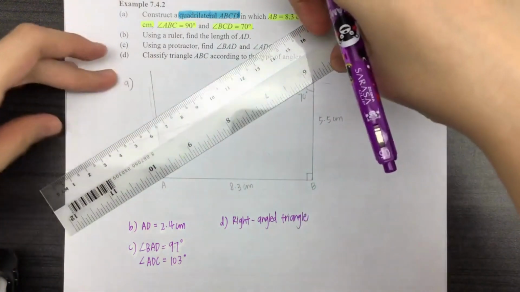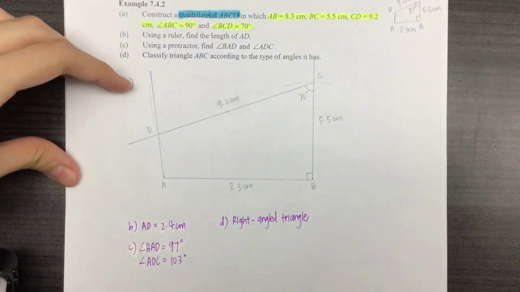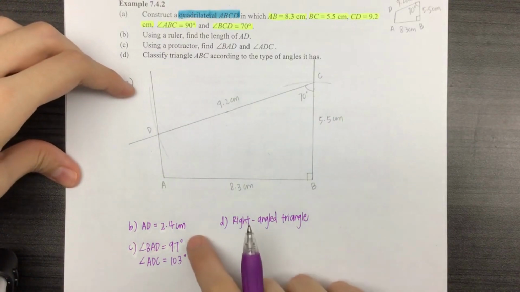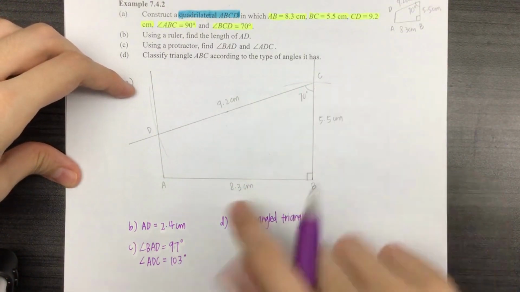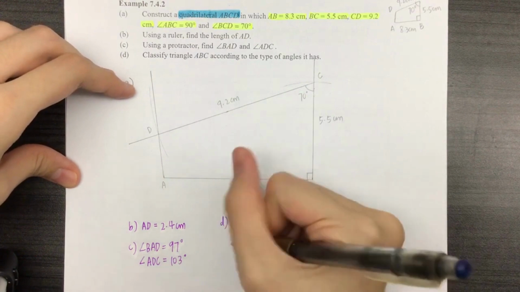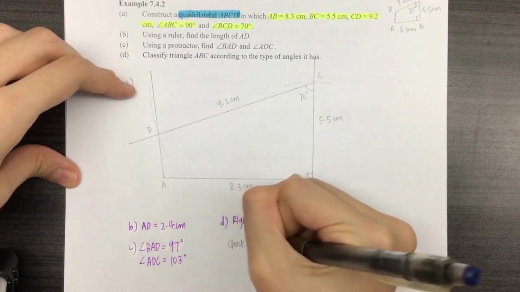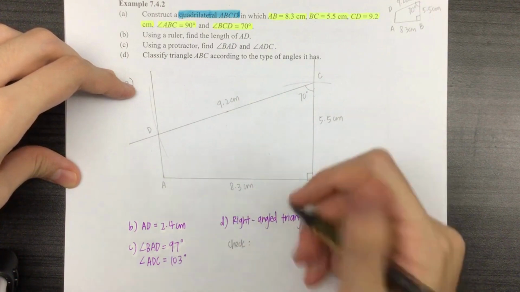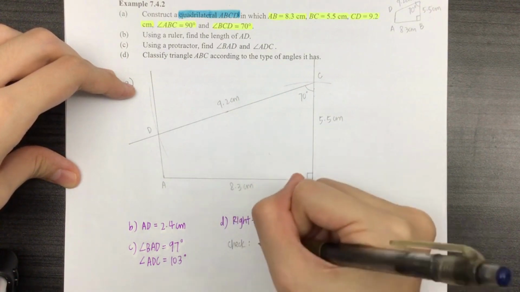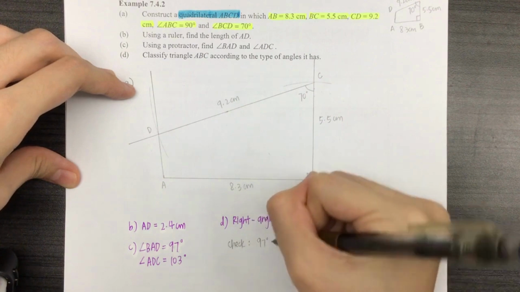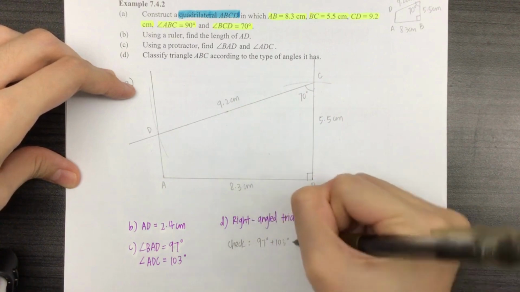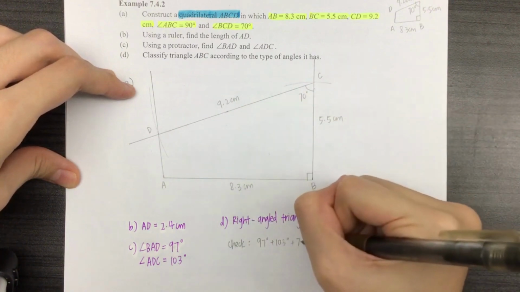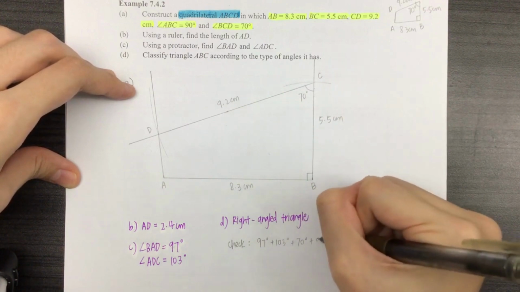I'll teach you a method to check your answers. How do you know that your degrees are accurate? To check whether your measurements of the angles are accurate, you just add all together 97 degrees plus 103 degrees plus 70 degrees plus 90 degrees.